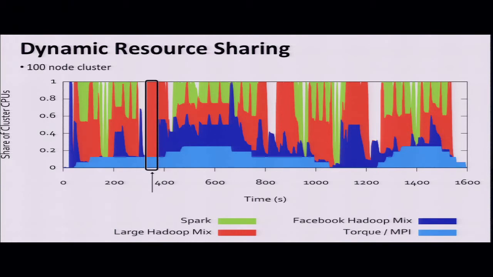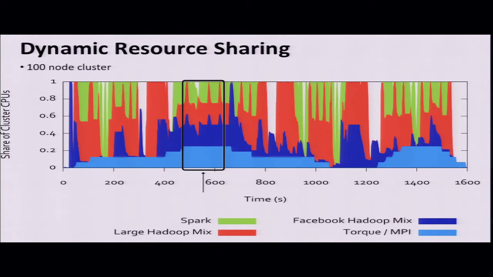One is MPI, and this is using only around 15% of the nodes. The other one, the large Hadoop mix framework, takes advantage of the fact that no one else is using the resources. It expands and uses all the available resources. If we hadn't used this and did static partitioning, the large Hadoop mix would use only 25 nodes, and you would have more than 50 nodes unused.